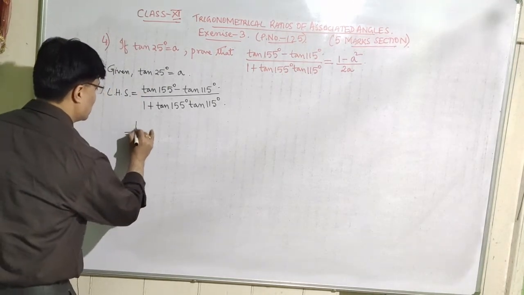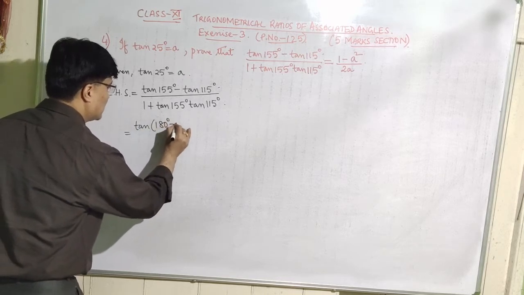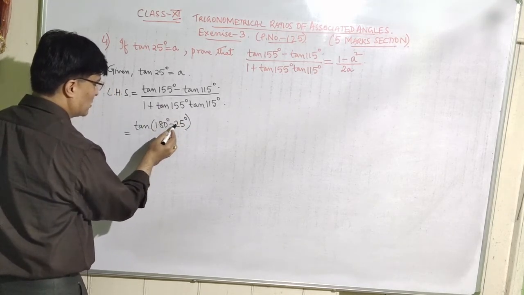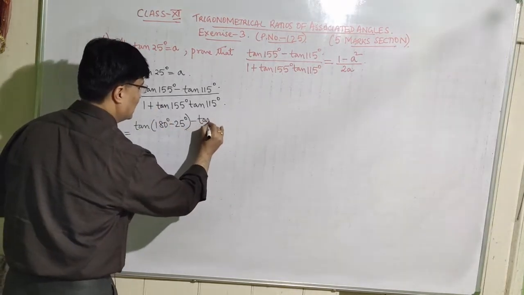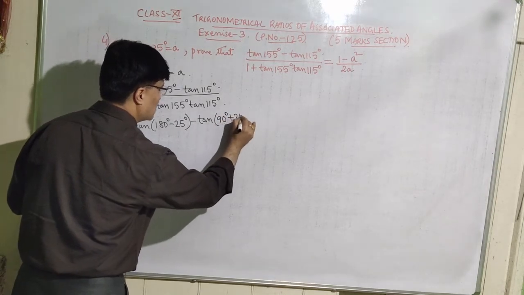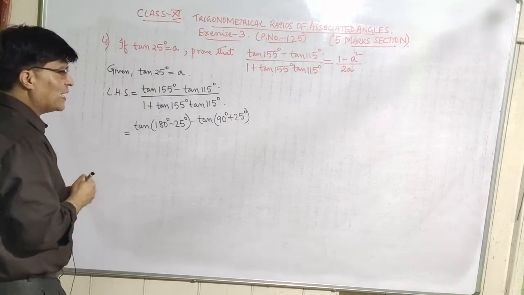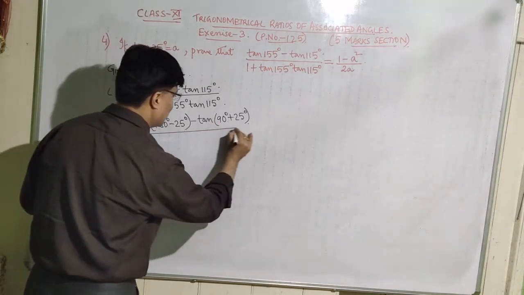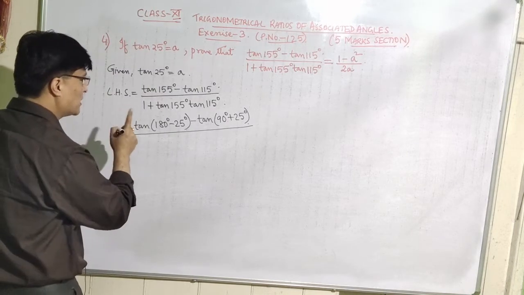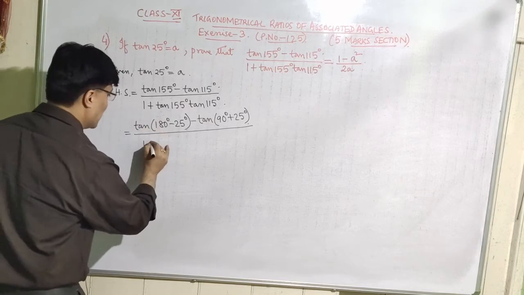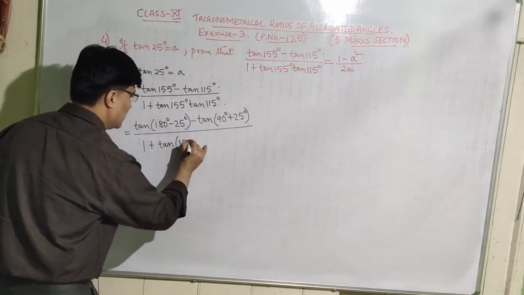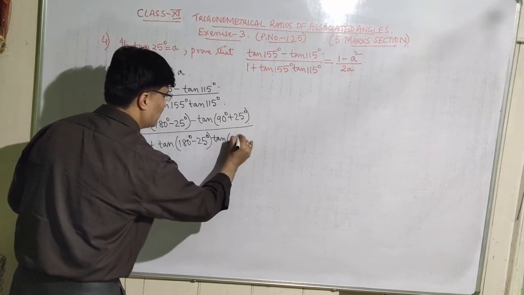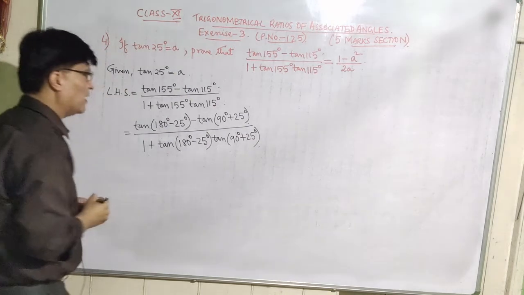So this is tan of 180 degree minus 25 degree, minus tan of 90 degree plus 25 degree, whole divided by, in the denominator, 1 plus again tan of 180 minus 25 degree, tan of 90 plus 25 degree. Is that clear?